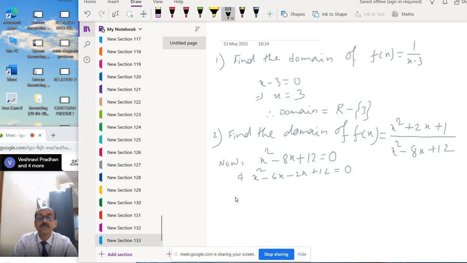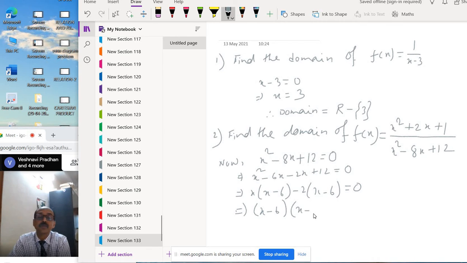Then x is common: x into (x minus 6) minus 2 common, (x minus 6) equal to 0. So this is equal to (x minus 6) into (x minus 2) equal to 0.